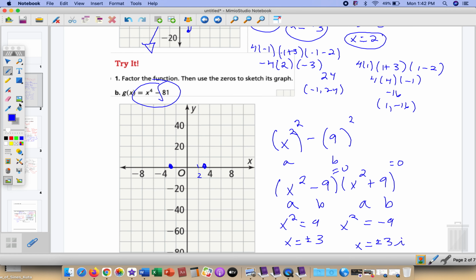So we're not going to see anything touch the x-axis there. Leading coefficient is 1, so we're positive. Degree is even, so we're going to be balanced. And we know if we're crossing here, we're going to come down. Assume we're going to come back up.